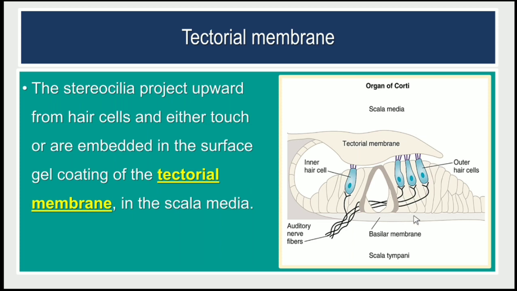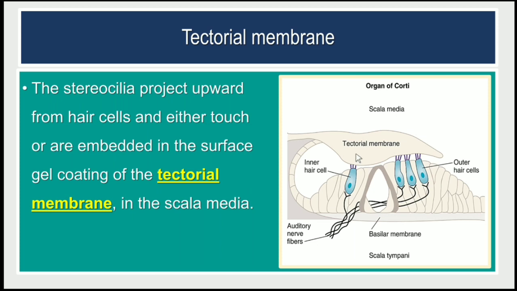So if the basilar membrane vibrates, these vibrations are transmitted to the hair cells and then to the stereocilia, and the stereocilia are attached to the tectorial membrane.